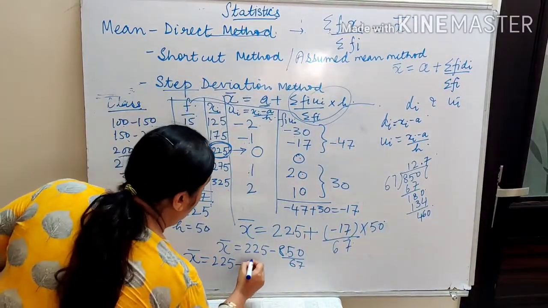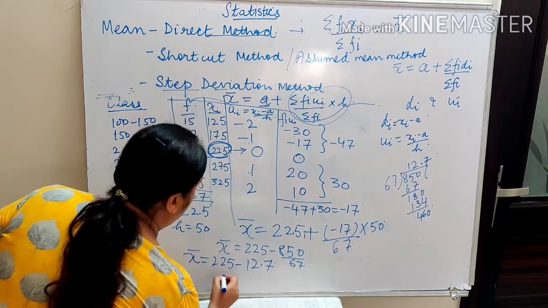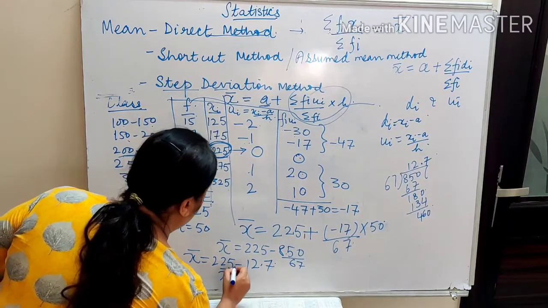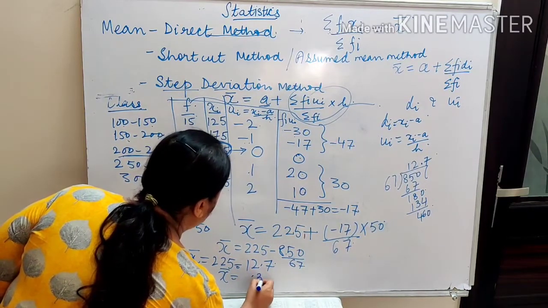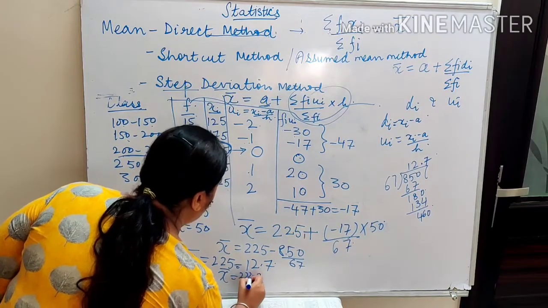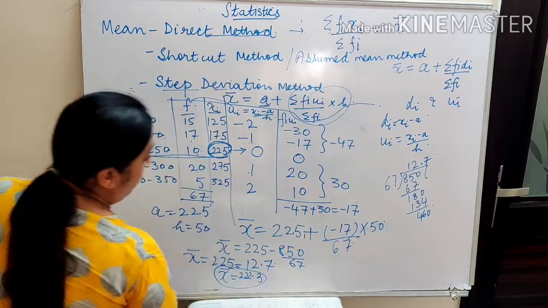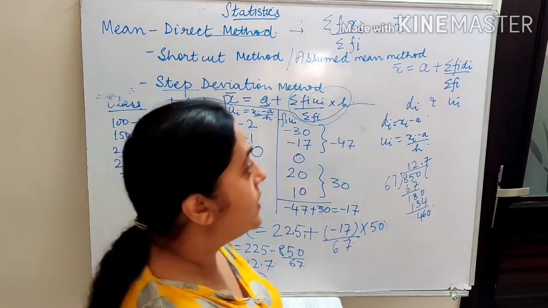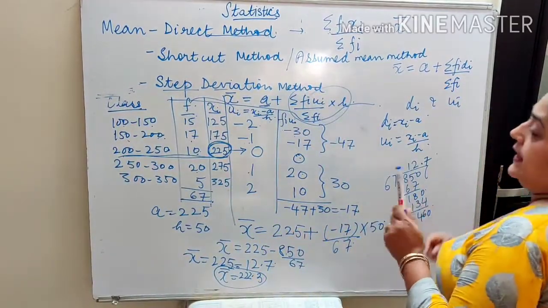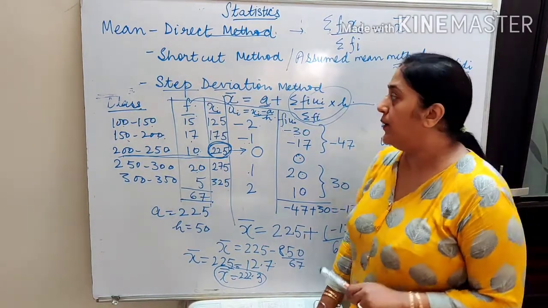So 225 minus 12.7. So your x mean comes out to be 222.3.